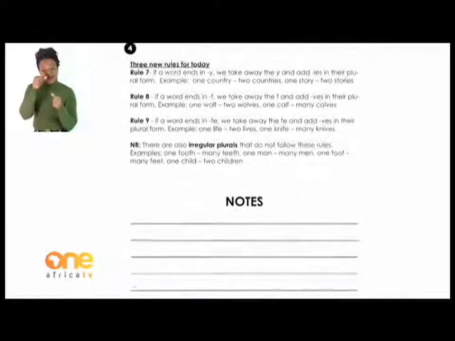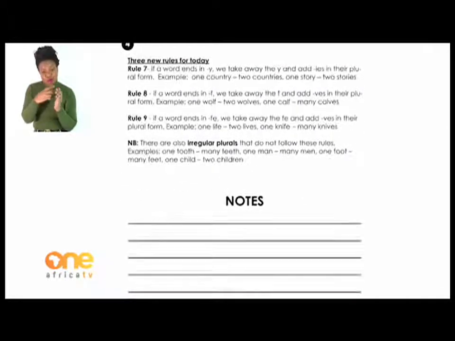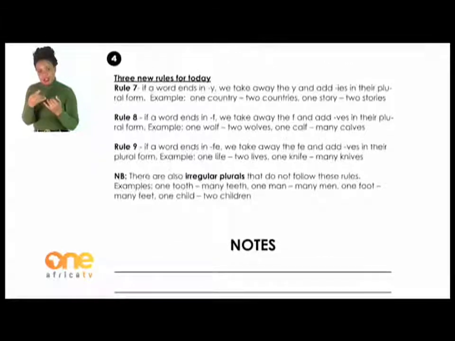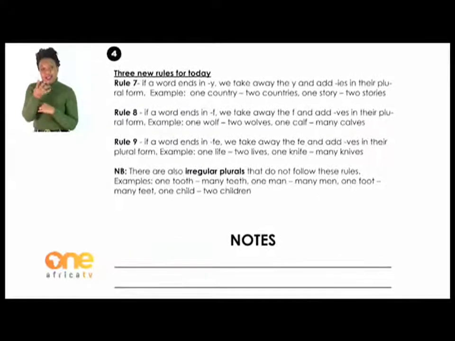Rule number 7. What does it say? If a word ends in a Y, we take away the Y and add IES. In other words, I can throw away the Y, forget about the Y, and replace the Y with IES.